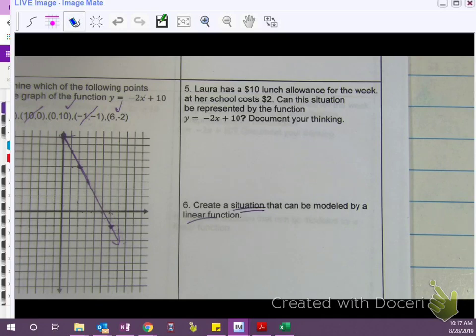So, this is the situation. This is a random school, and every 2 minutes, 10 more children walk into the cafeteria. Okay. Every 2 minutes, 10 more children walk into the cafeteria. It's a constant rate. The rate's not changing or fluctuating. That is a linear situation. Thank you. Very good. Any others?